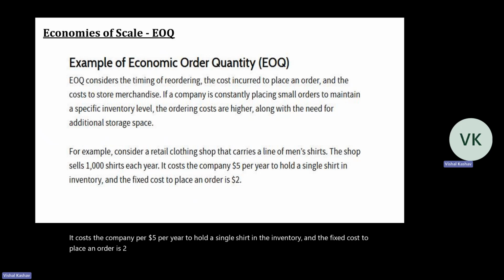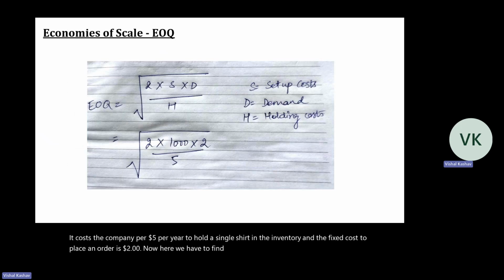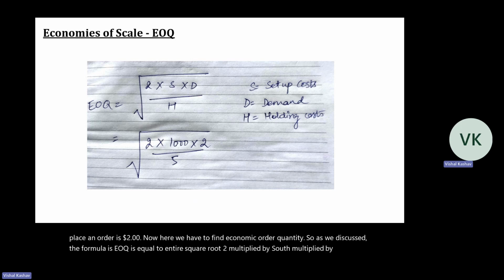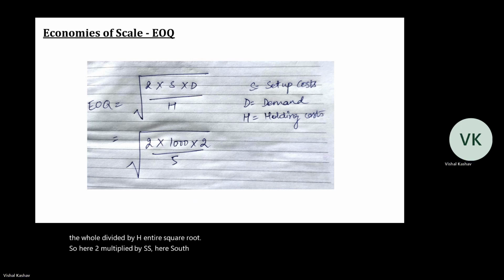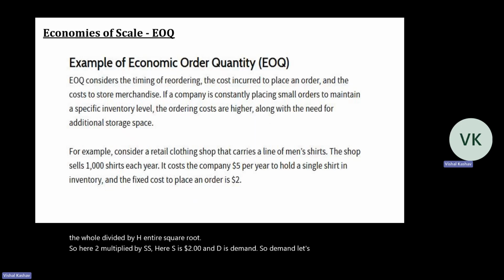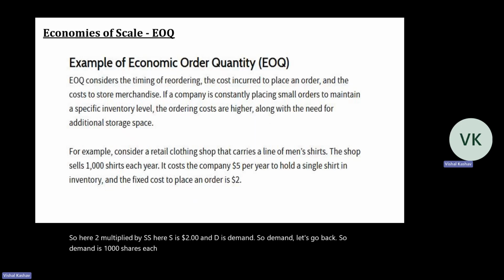Now here we have to find economic order quantity. So as we discussed, the formula is EOQ is equal to the entire square root of 2 multiplied by S multiplied by D, and the whole divided by H. So here 2 multiplied by S, where S is $2 and D is demand. So demand, let's go back. Demand is 1,000 shirts each year, right?